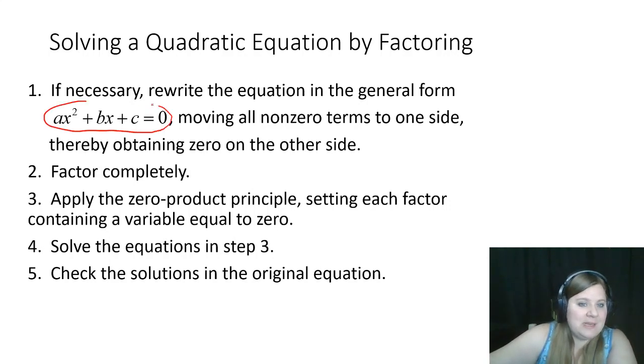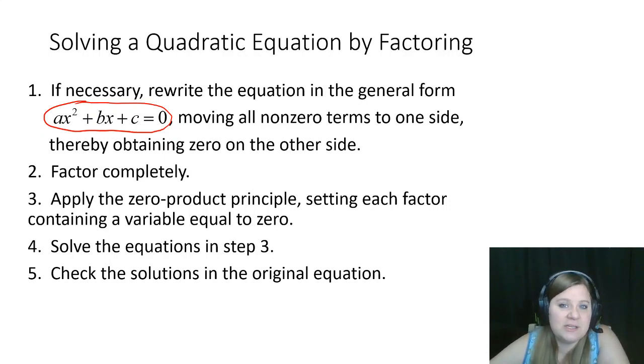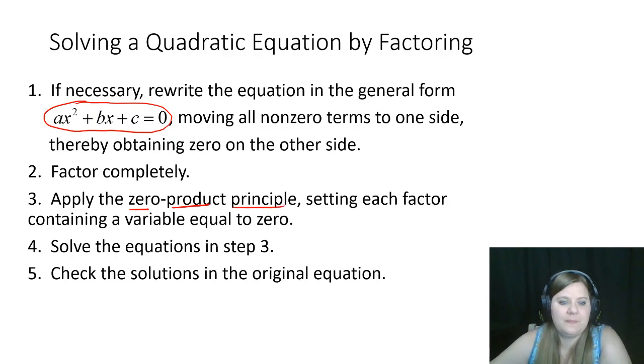And that may mean we need to rearrange, so move everything to one side so that the other side can be 0. Okay? Then we're going to factor the left side in this case. We're going to set each factor equal to 0 because of the zero product principle, and solve both equations to find our answers.